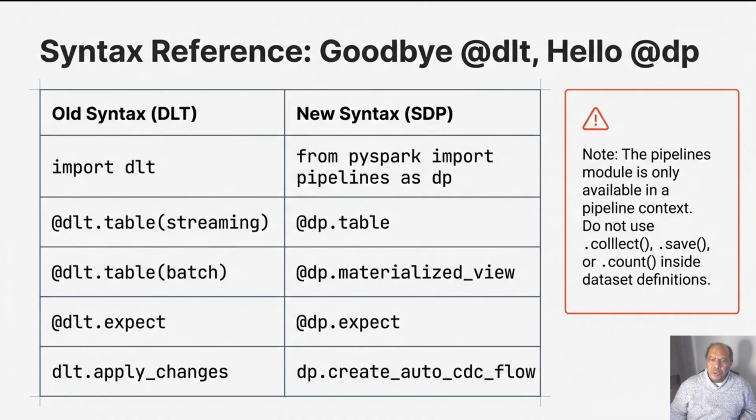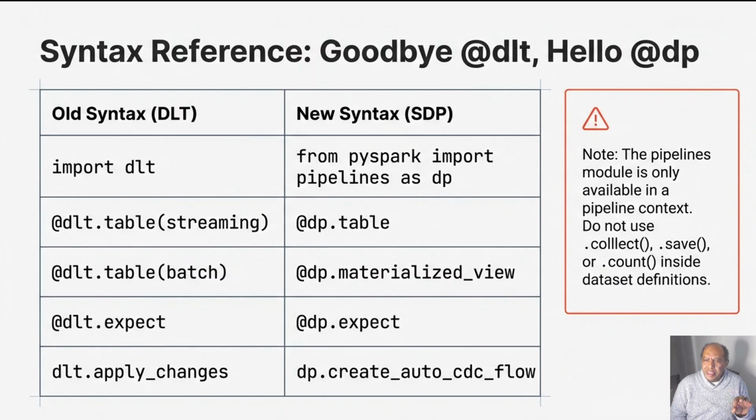Instead of import dlt, you now use from pyspark import pipelines as dp. The important thing here is that DLT was a proprietary mechanism, while the new one, as you can see, is PySpark, which is open source. So it's a shift from a proprietary one to open source as well.